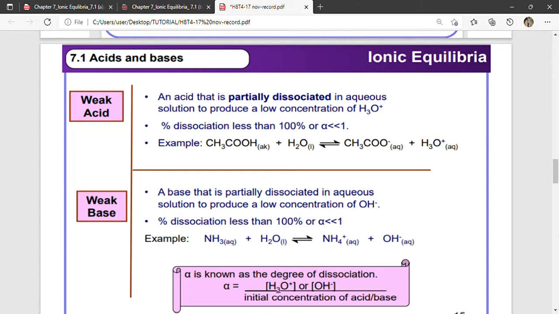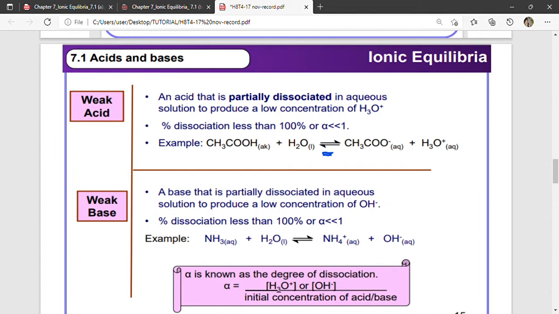So we have a percentage dissociation which is less than 100%, or alpha is very much smaller than 1. Note that the arrow we use here is a reversible arrow, to show the reaction is for a weak acid or a weak base.